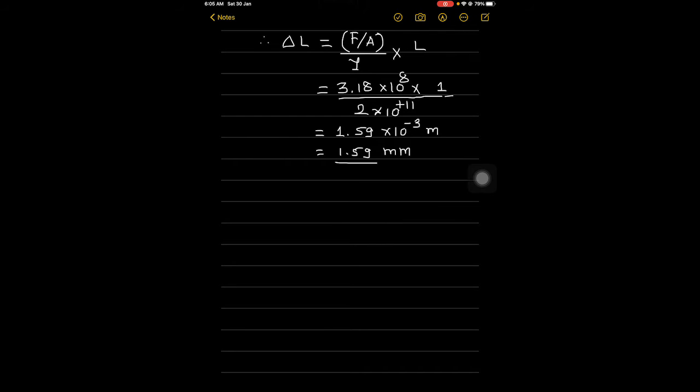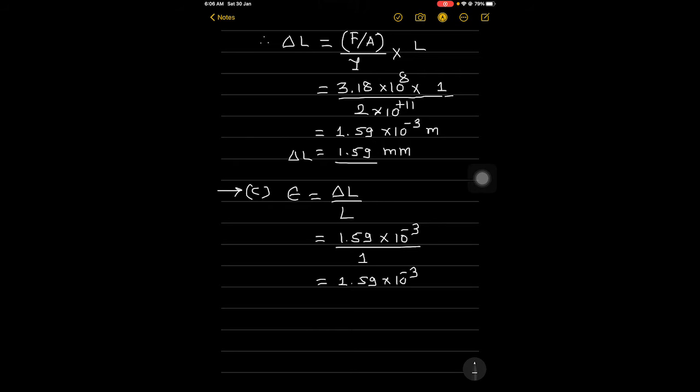Now we also have to find out the strain. So now we have calculated stress, now we can calculate the strain. So question number C, strain is given by delta L over L. We have found delta L here, so this would be 1.59 into 10 raised to minus 3 divided by 1. So this comes out to be 1.59 into 10 raised to minus 3.